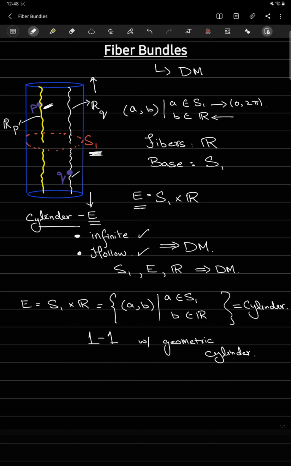So we can define a single fiber and we can make copies of that to create all these other fibers, right? And that is what essentially makes a fiber bundle, right?